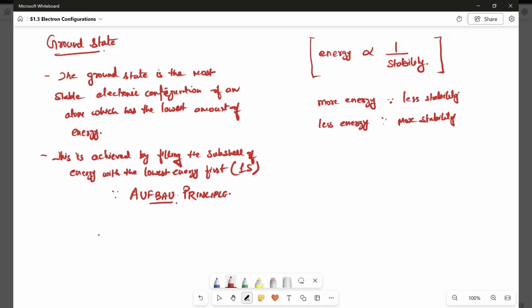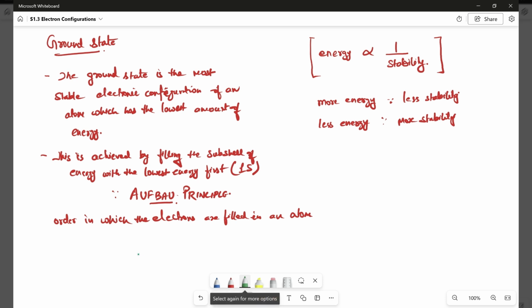Like if you'll see the order in which the electrons are filled in an atom, you will find that the order is starting with 1s, then it goes to 2s.